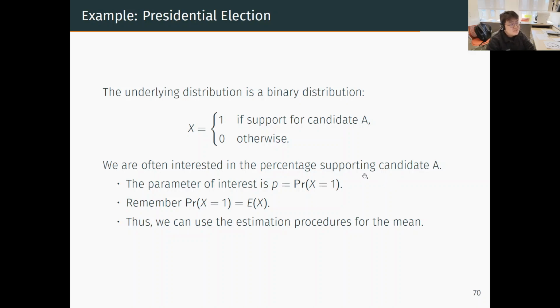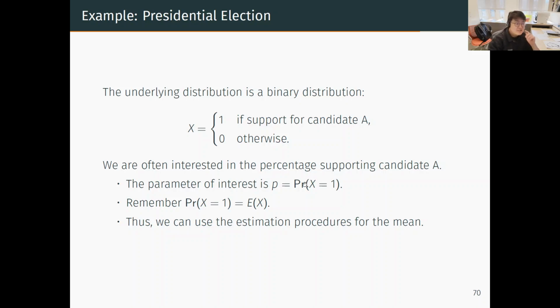We are interested in the percentage of voters who support this candidate. In the binary distribution, that is the parameter p, the probability of success. What is the underlying probability of success among the population, of supporting this candidate?